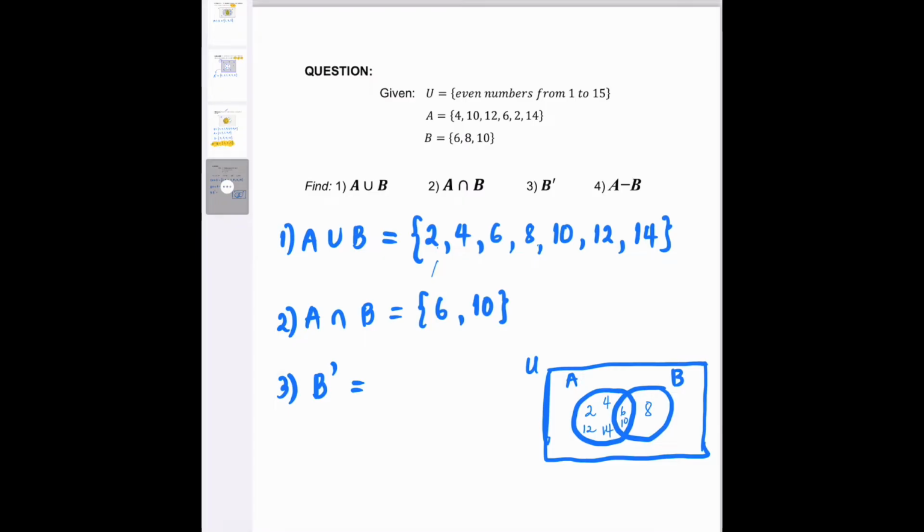The B only section. And for the universal set, because it says here even numbers from 1 to 15, what are the different even numbers from 1 to 15? We're looking at 2, 4, 6, 8, 10, 12, 14.